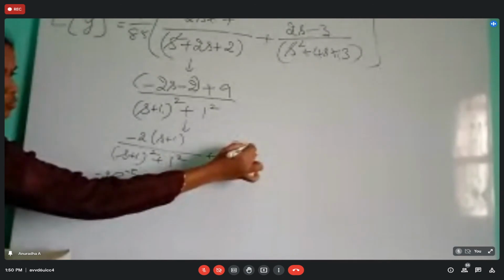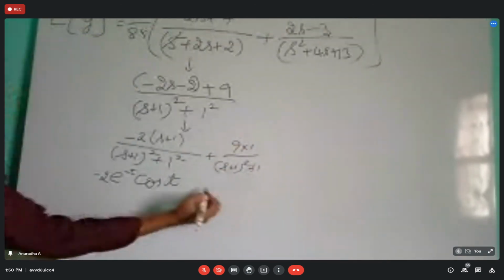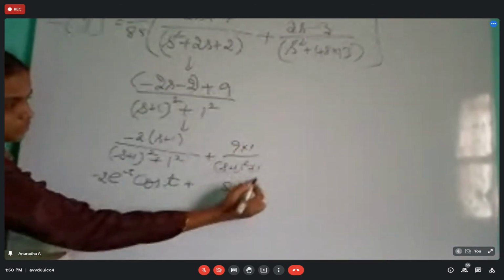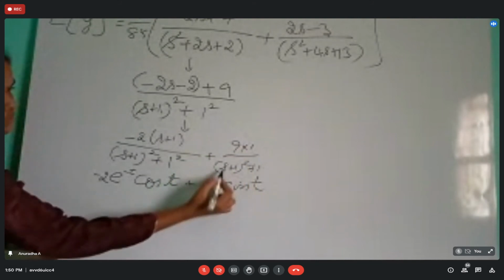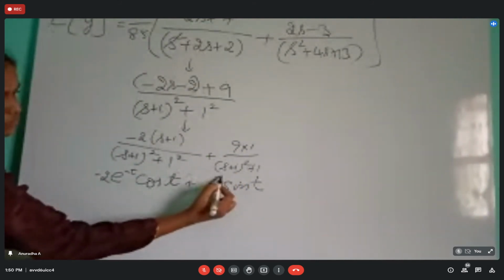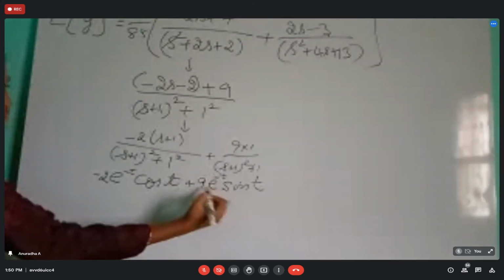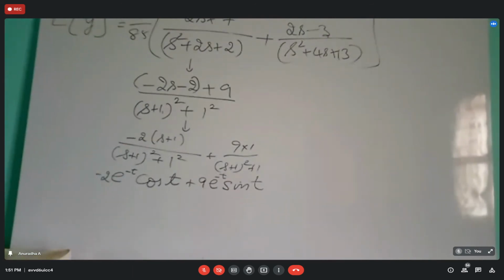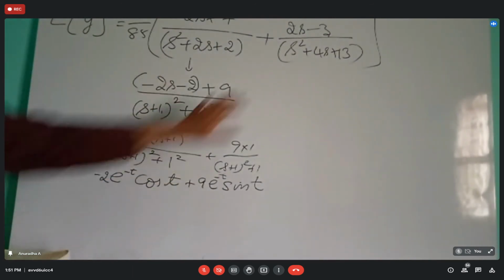Here there is no s term, so it is 1 by s square plus 1 square, which gives sin t, 9 times. Then for the shift, e power minus t, 9 times. So that's the next step.